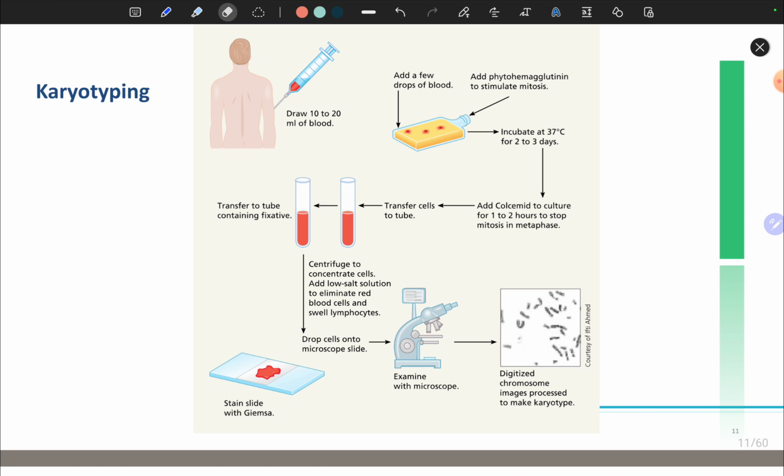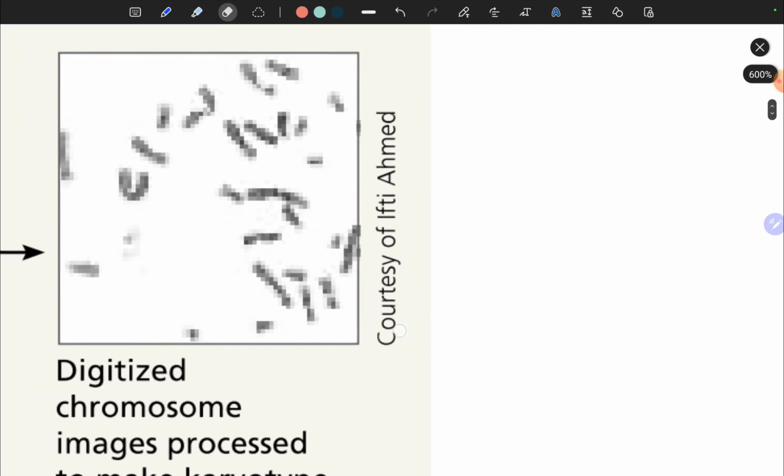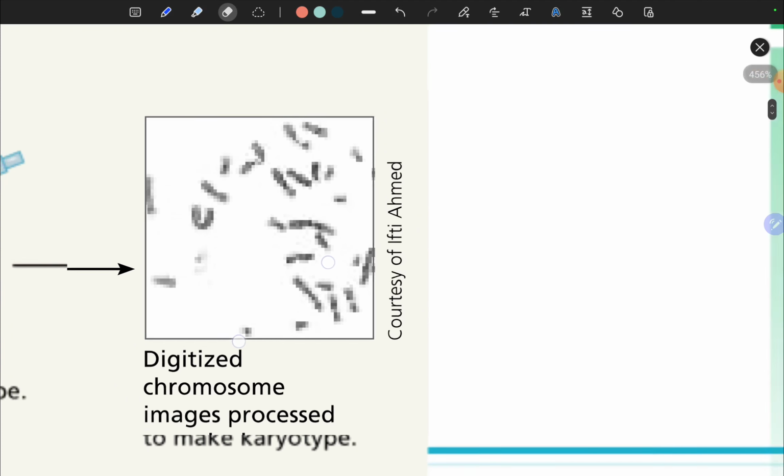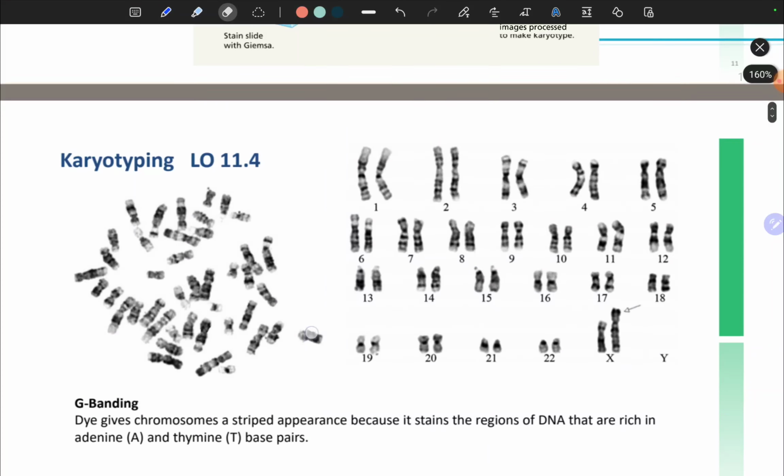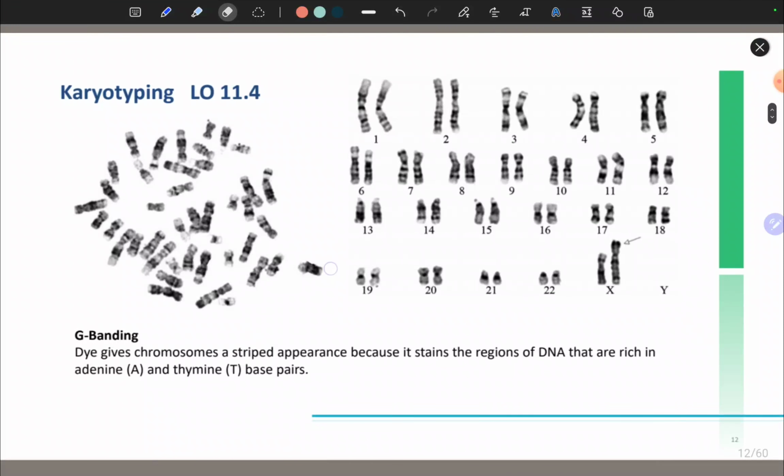They stop the cells, and then we put it on a stained slide like this under the microscope. We look inside the nucleus and photograph inside the nucleus. So this is the photograph inside the nucleus. It's not clear here, but you get a picture like this.